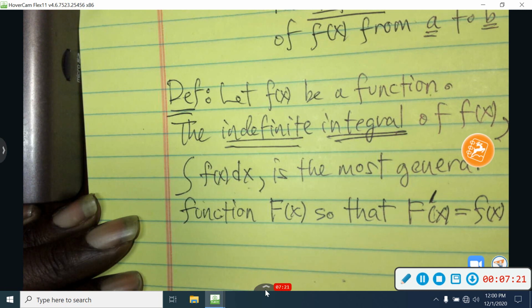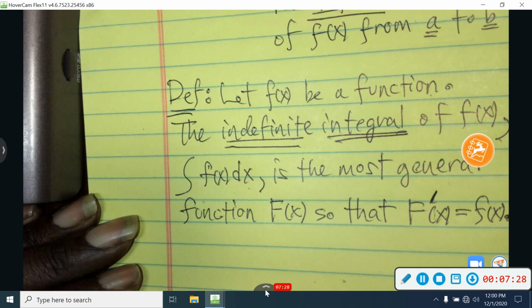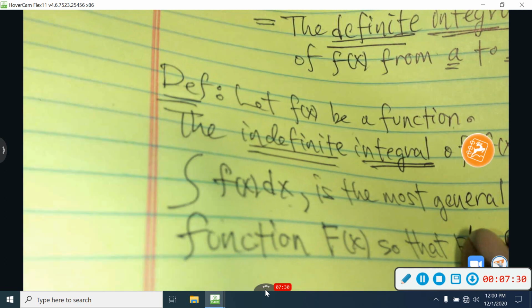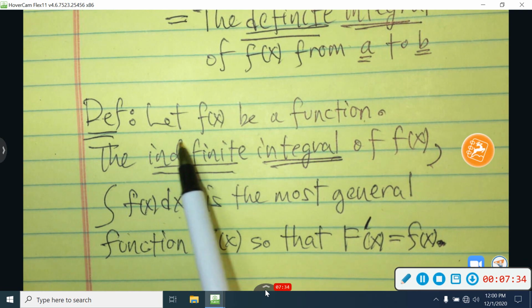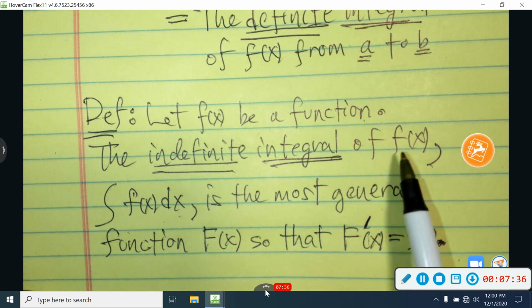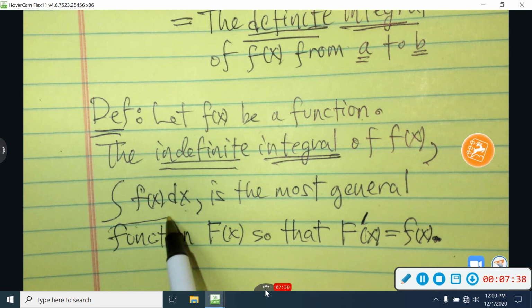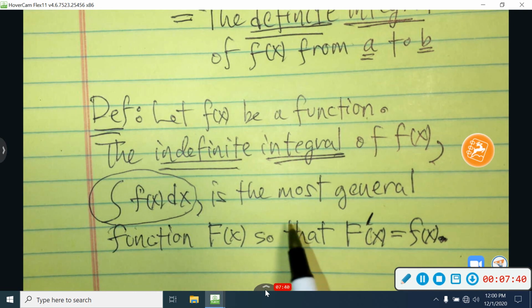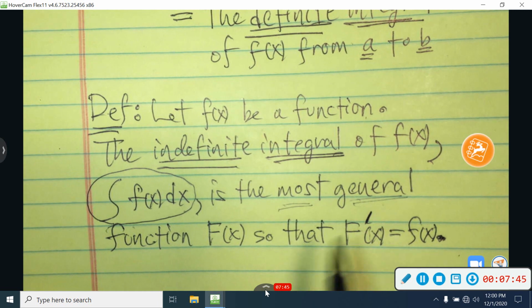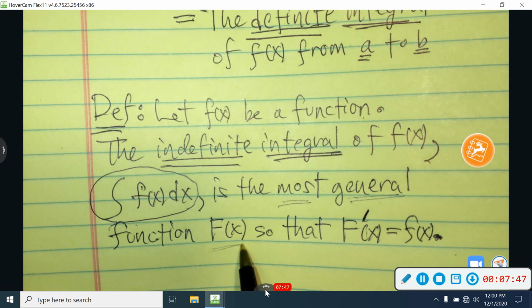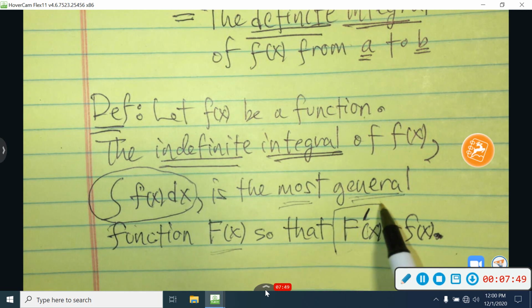Okay, let's move it over so you can see it. So, the indefinite integral of f, the notation for it is here, is the most general, I repeat, most general function, capital F, that differentiates to be little f.